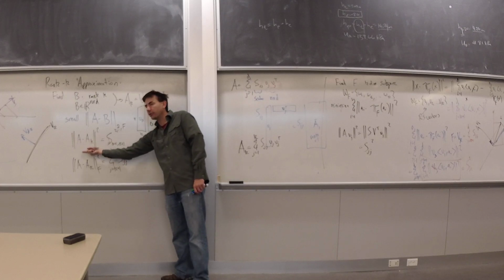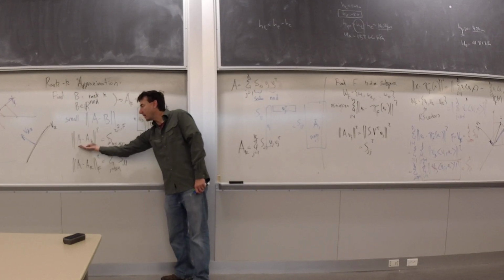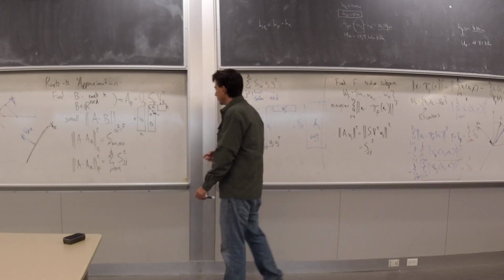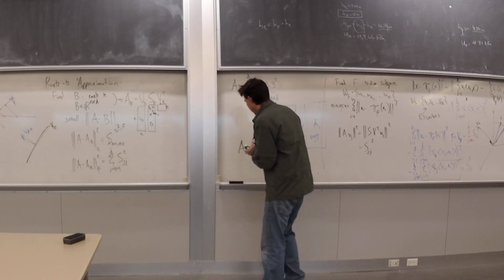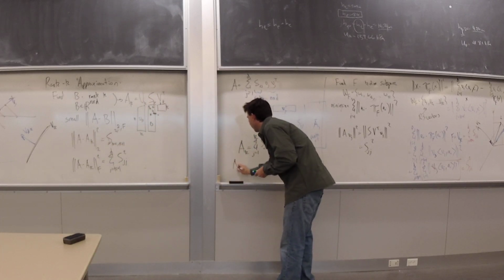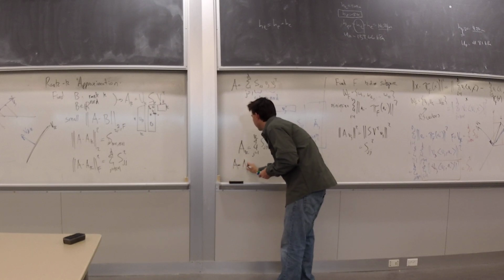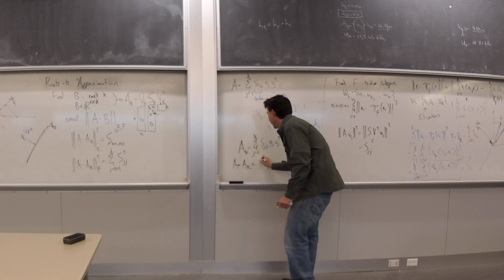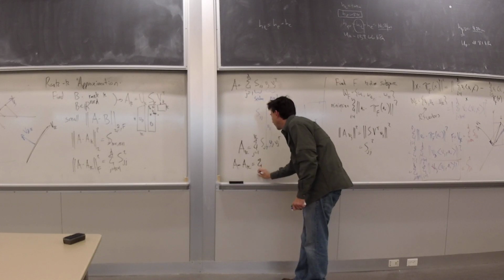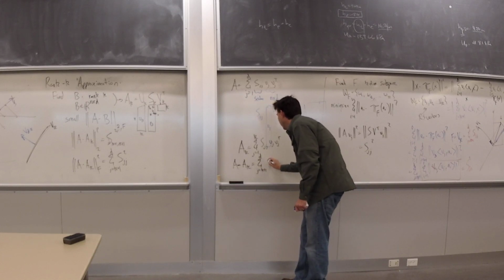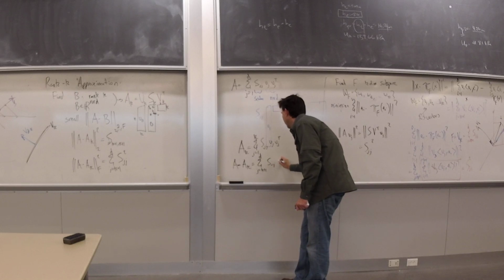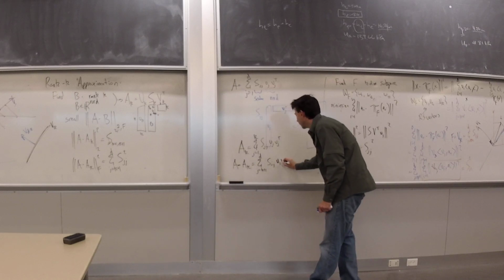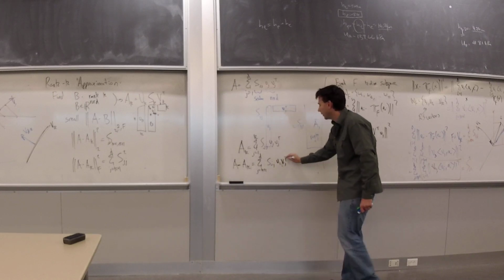Okay, so now the spectral norm. If I write this explicitly, A minus A_k has to be the sum from j equals k plus 1 up to d of s_jj u_j v_j transpose.